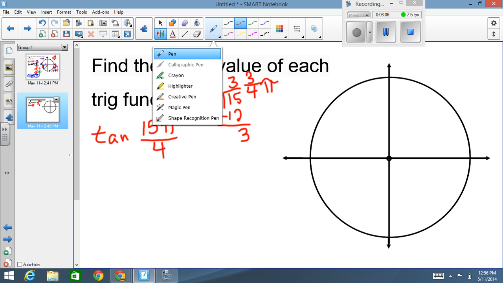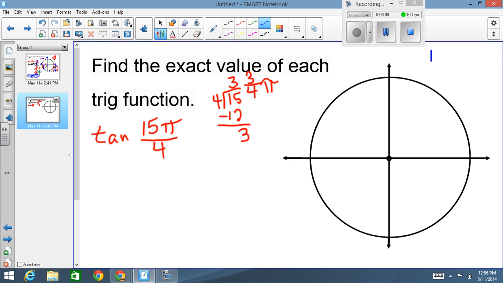Others may look at that and go, you know what, I'm not a big fan of radians, so I'm going to convert. So when I do 15 pi over 4 times 180 degrees over pi, that's my conversion, because the pi's cancel. So you grab your calculator, you say, okay, what's 15 times 180 equals, divide that by 4, and you're left with 675 degrees.